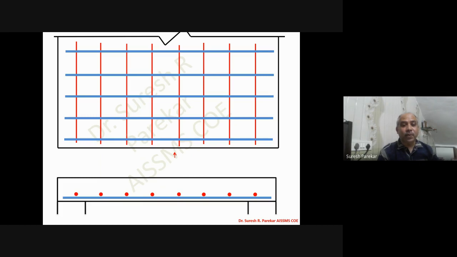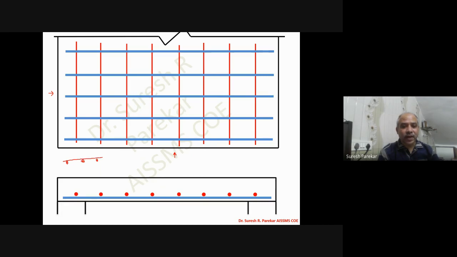And likewise, we have to plot it. Now, if you are going to plot it from this side, then what will happen in this case? You are going to get main reinforcement as a dot, which will be on the bottom side, and distribution reinforcement will be above this.